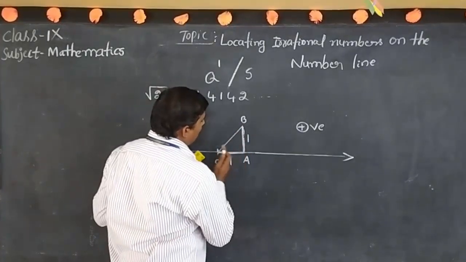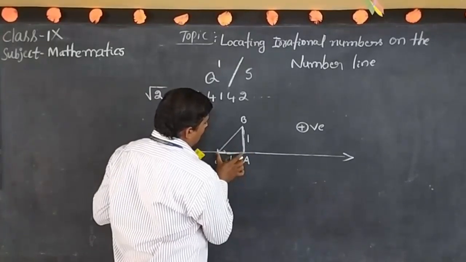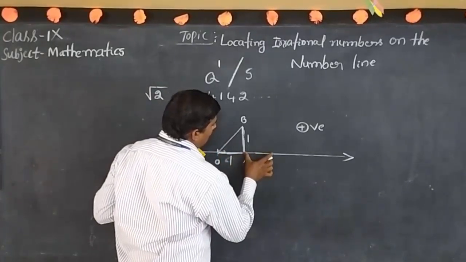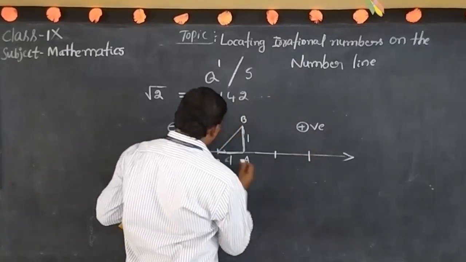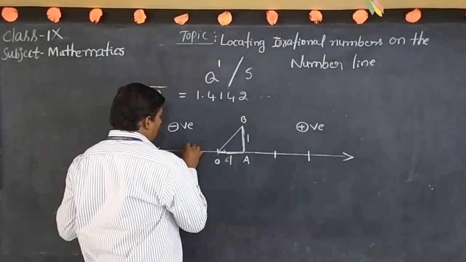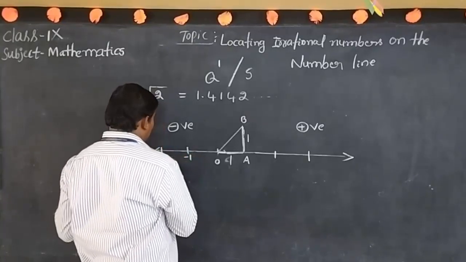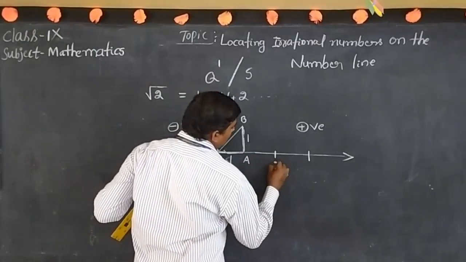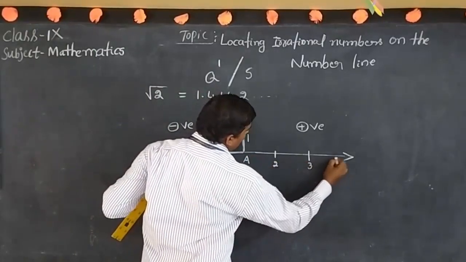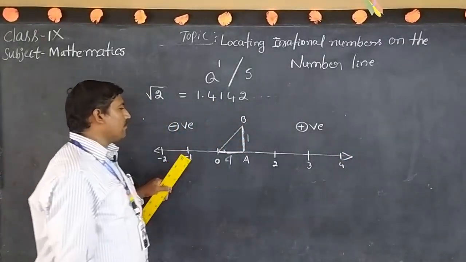Here how much is their length? 1 centimeter. Here 1 centimeter, here 2 centimeters, here 3 centimeters. On the left side negative values minus 1, minus 2. Like that it will be.